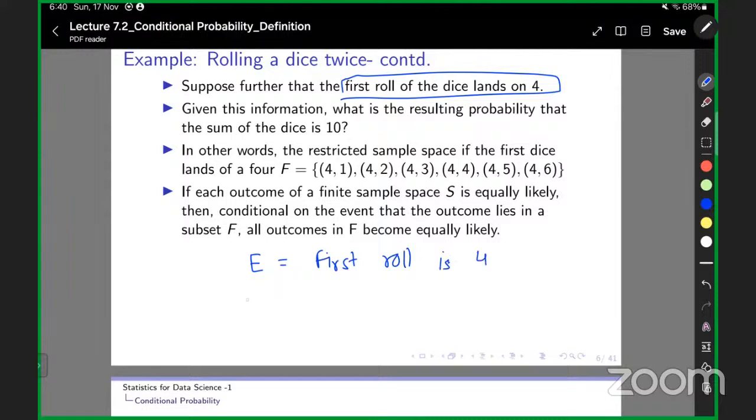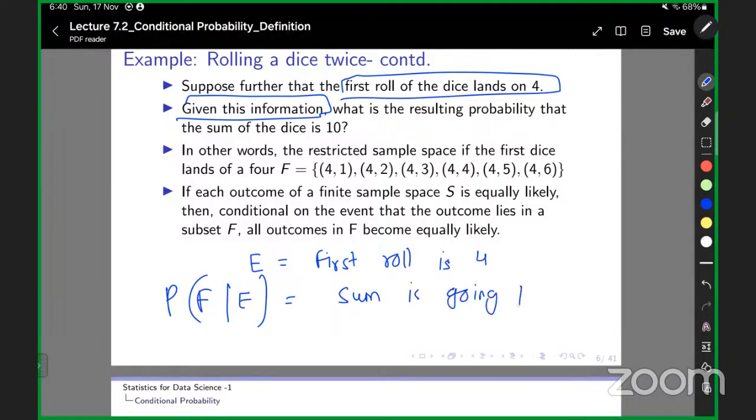And then F is, given this information, that E is given to us, what is the resulting probability that the sum is going to be 10?